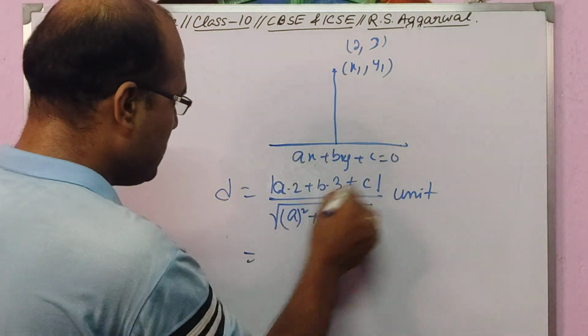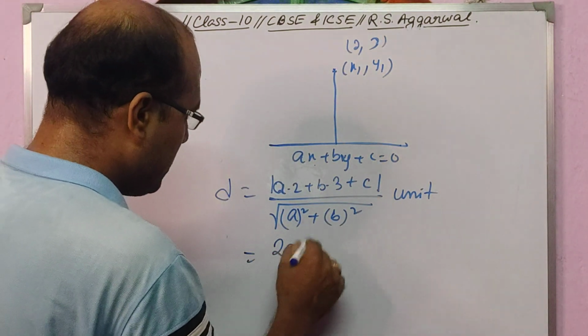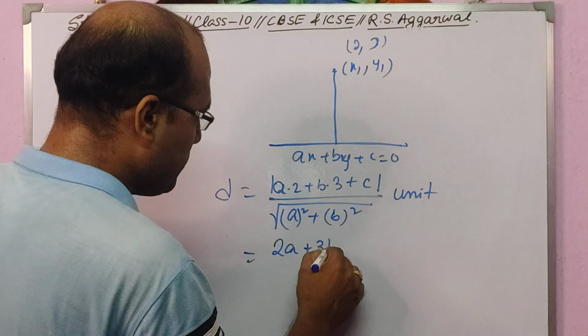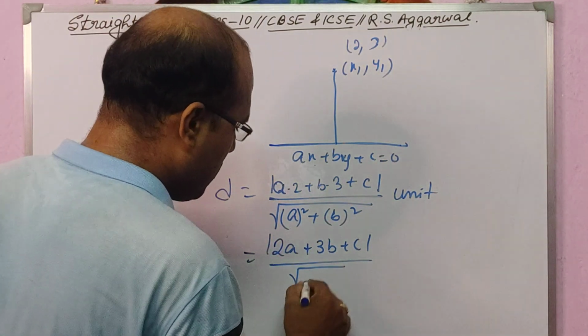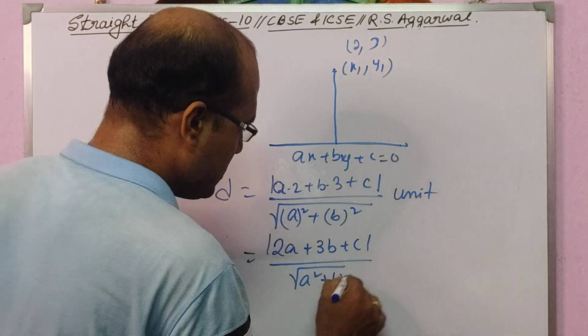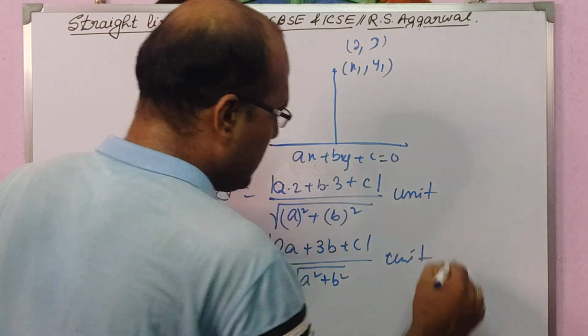So the result is the absolute value of a x1 plus b y1 plus c by root over a square plus b square. This is the condition to find the distance.